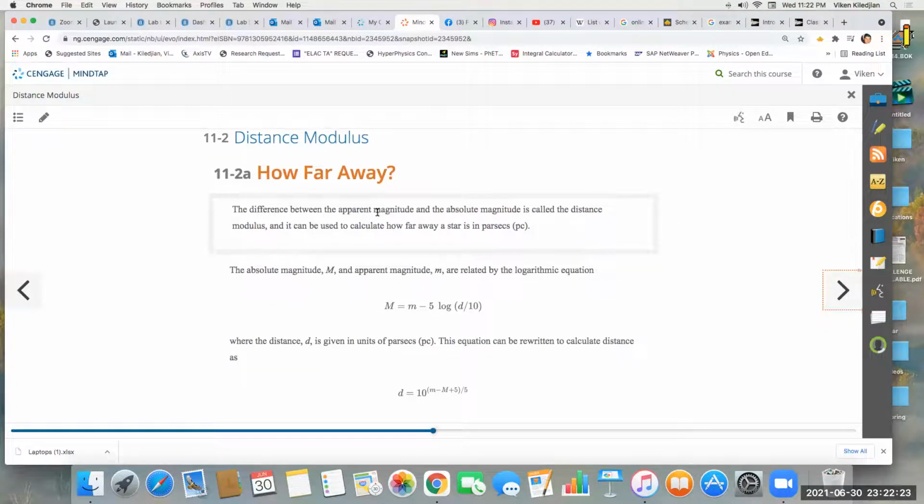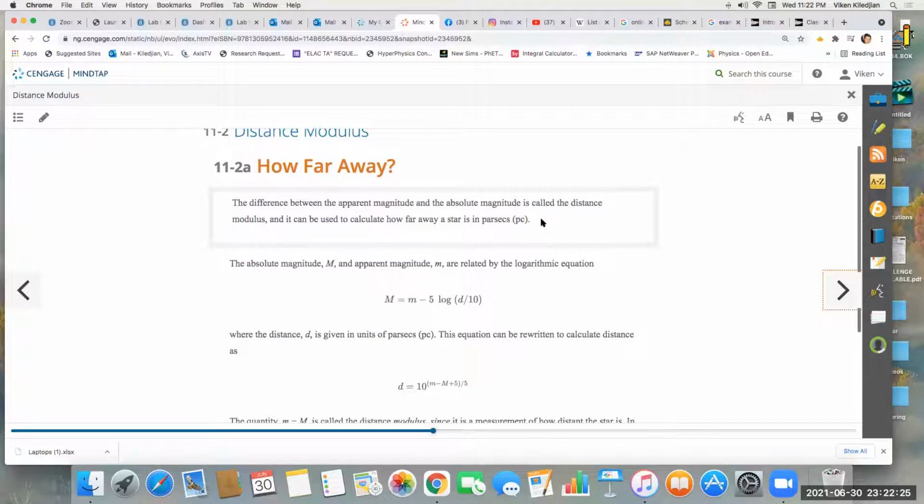The distance between the apparent magnitude and the absolute magnitude is called the distance modulus, and it can be used to calculate how far away a star is in parsecs. The absolute magnitude, big M, and the apparent magnitude, little m. See, that's what I was saying about apparent magnitude. They should have written apparent magnitude with a little m.